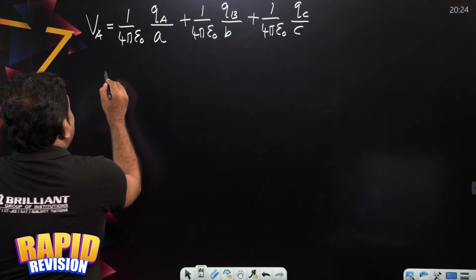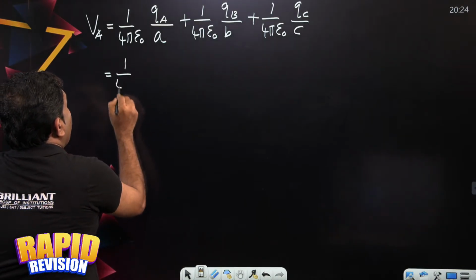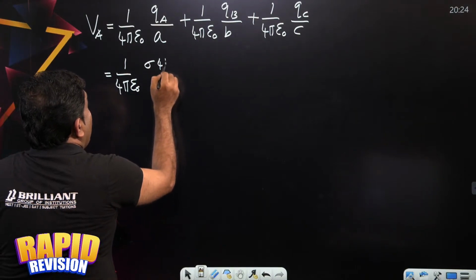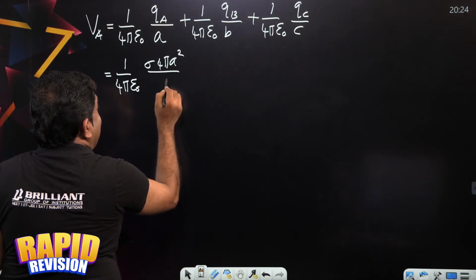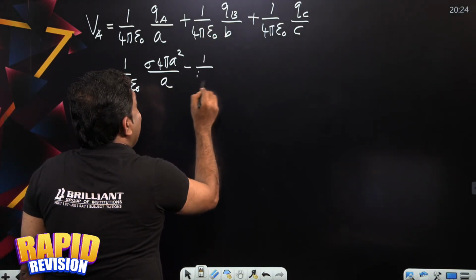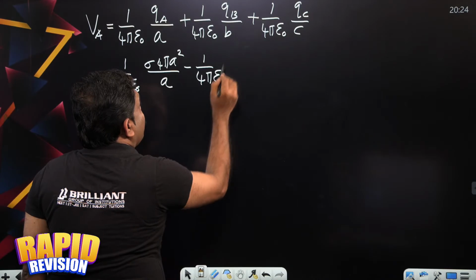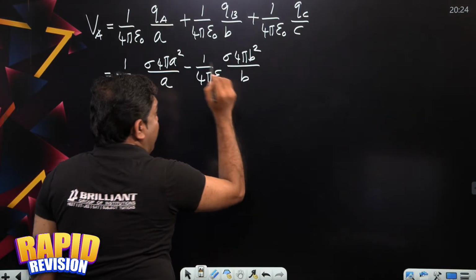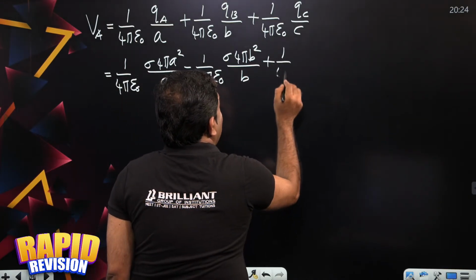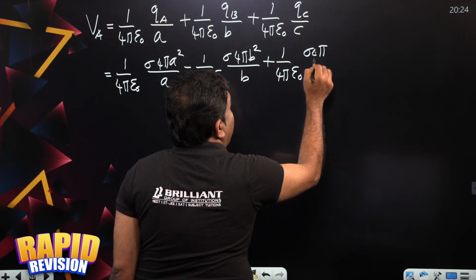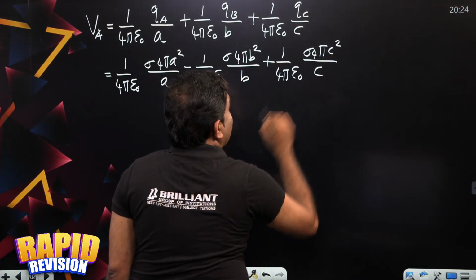So I can take 1 by 4 pi epsilon 0 into QA value, sigma 4 pi A square by A. Then there is a minus sign because QB is negative: 1 by 4 pi epsilon 0 sigma 4 pi B square by B, plus 1 by 4 pi epsilon 0 sigma 4 pi C square by C.